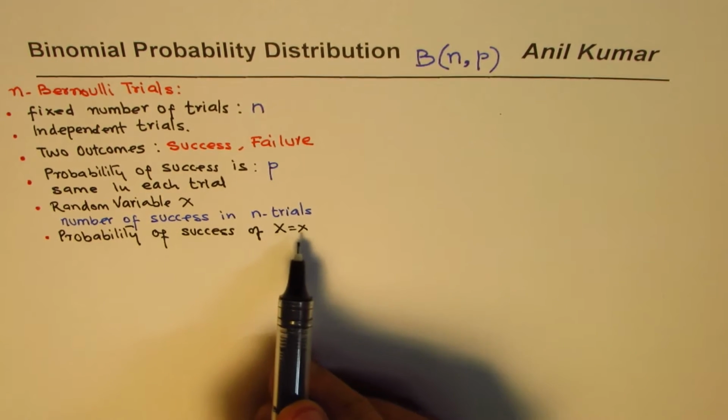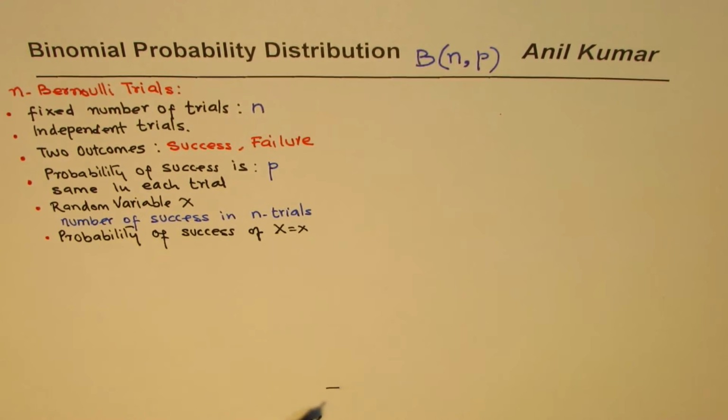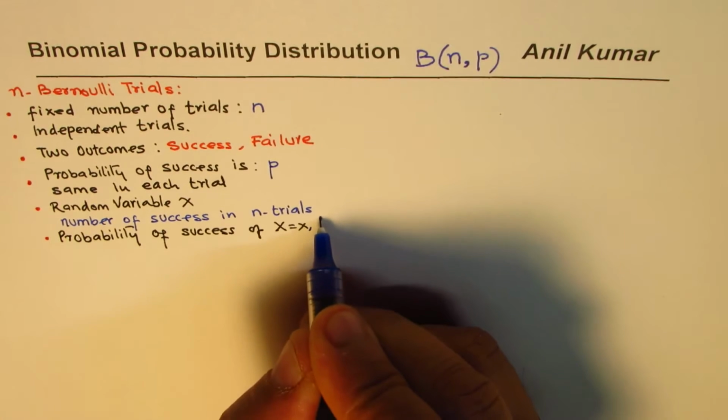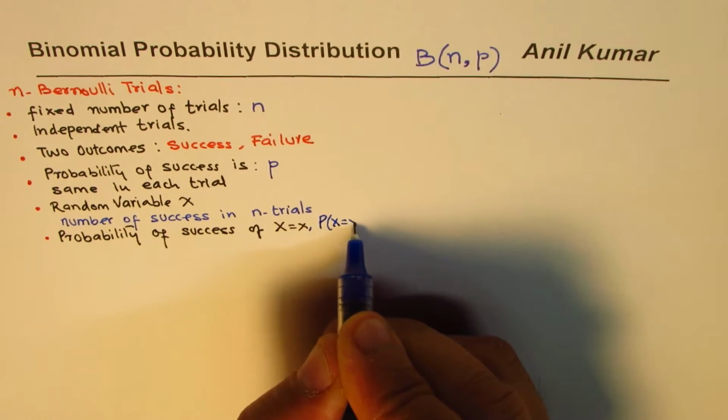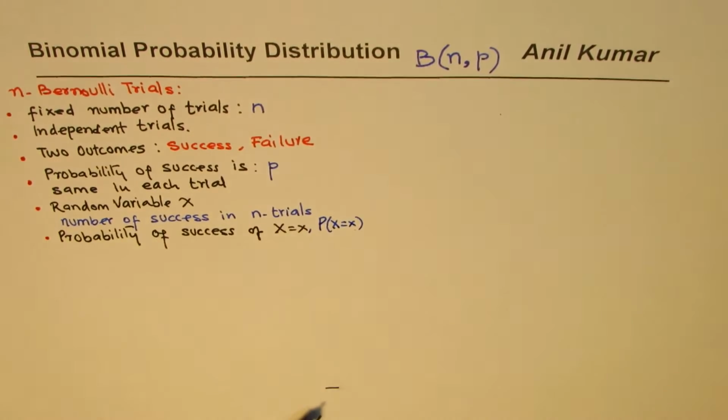We write this as capital P of X equals little x, or sometimes only small x. That is the probability of the number of successes, and that is actually the probability distribution. It gives you the distribution if you put it in tabular form, or if you put it on a graph like a histogram, you can see the distribution also.